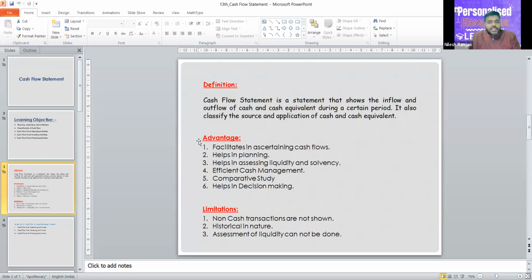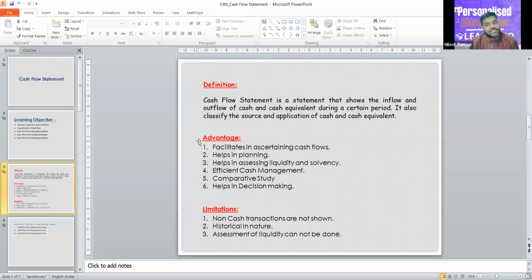The third one is that assessment of liquidity cannot be done. Now, if you see point number three in the advantages, it helps in assessing liquidity, but in the third limitation, assessment of liquidity cannot be done. It means we cannot identify our liquidity position with the help of the cash flow statement.